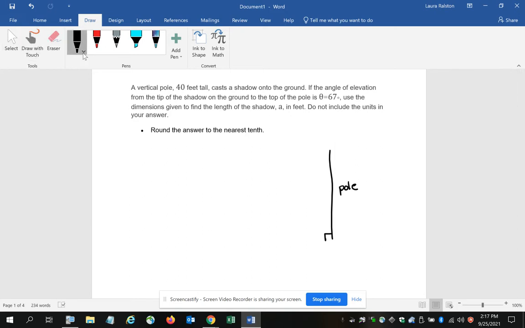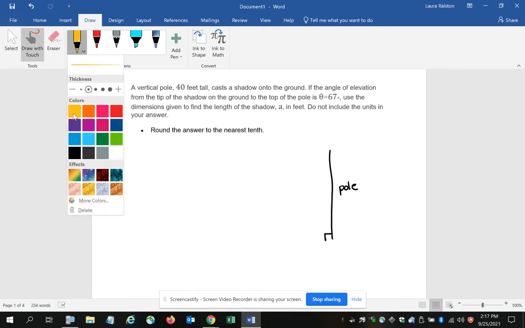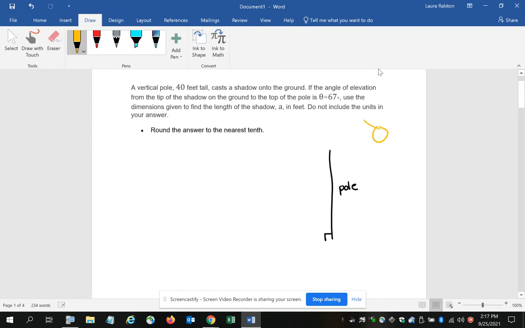It also tells us that the pole cast a shadow, and that shadow is A, and that's what we're ultimately looking for.